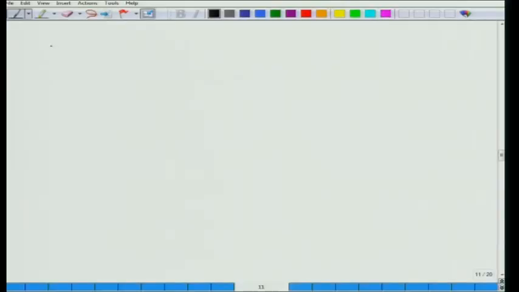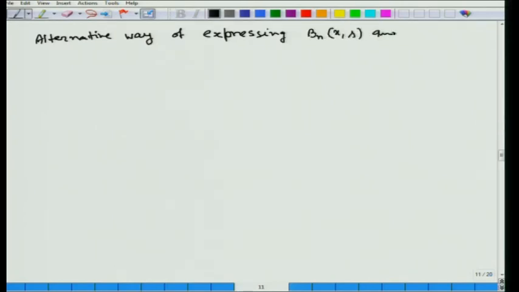So, the alternative way of expressing B_n(x,s) and C_n.